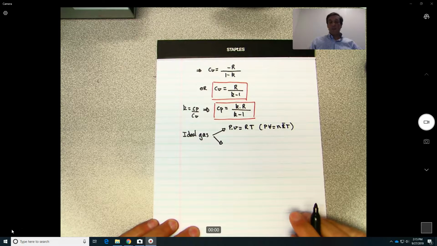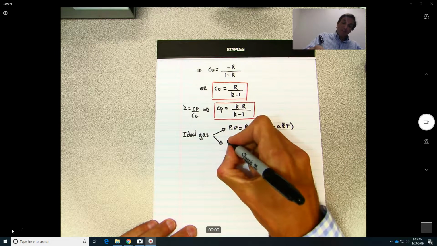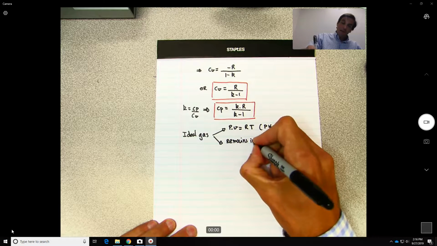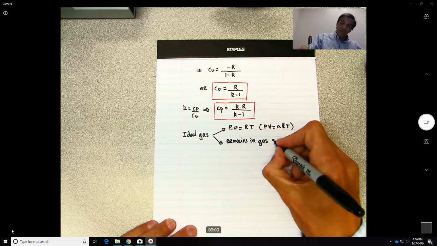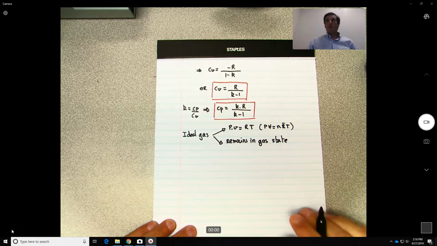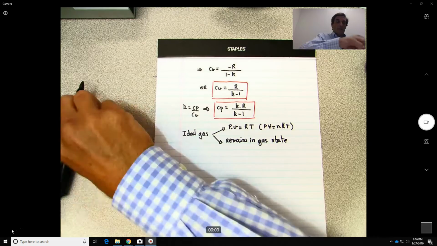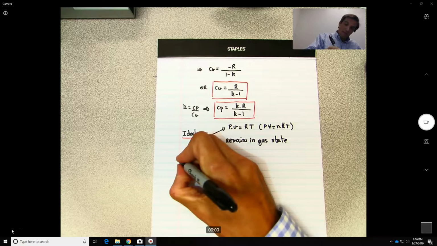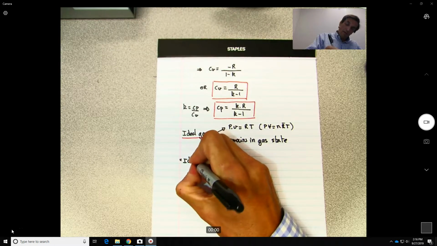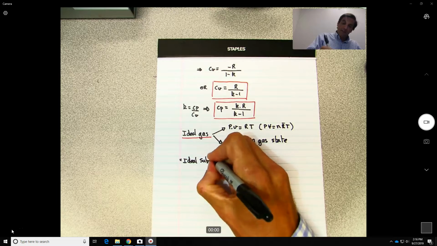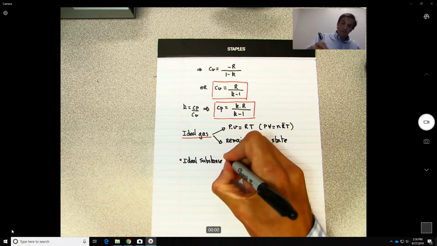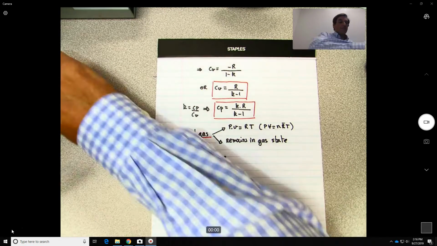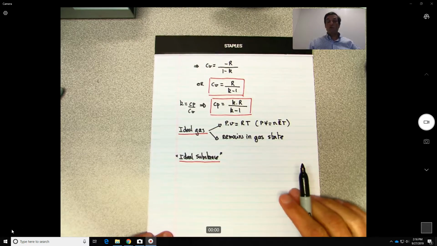But what's important about the ideal gas is that it always remains in the gas state. So I like to extend that definition to an ideal substance. In some problems, sometimes it's just easier to use that assumption, but you don't have to.